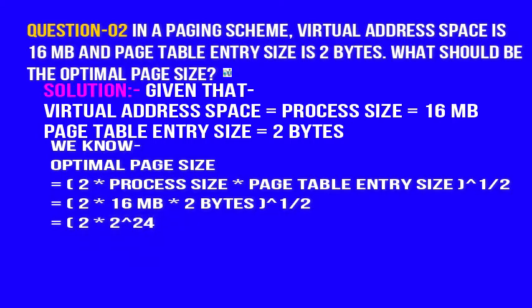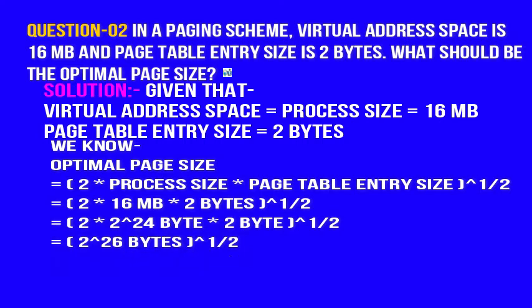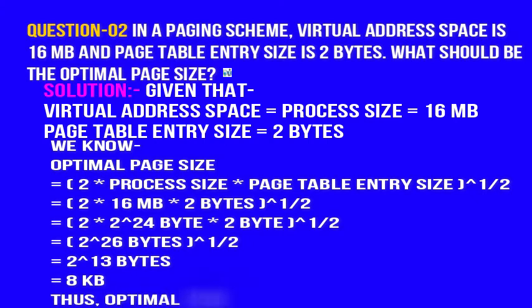2 into process size, which is given as 16 megabyte, into 2 byte, all over 1 by 2 square root. It means 2 into 16 megabyte, which converts to 2 to the power 24 byte, because 1 megabyte is 2 to the power 20, into 2 byte, all over power 1 by 2.